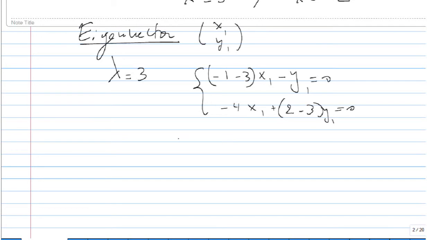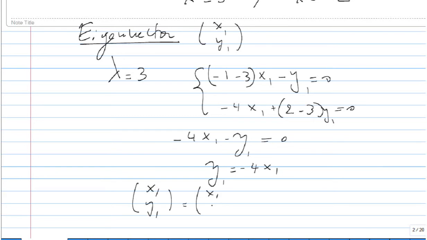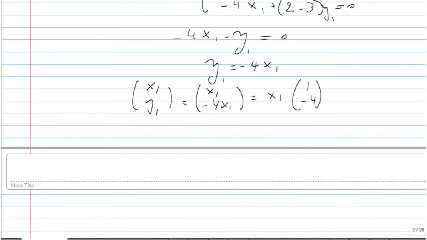It's very easy to see that the two equations reduce to the same equation, which means y1 equals minus 4 x1. So the vector x1, y1 is x1 times 1, minus 4. So this will give me all the eigenvectors associated to lambda equals 3.